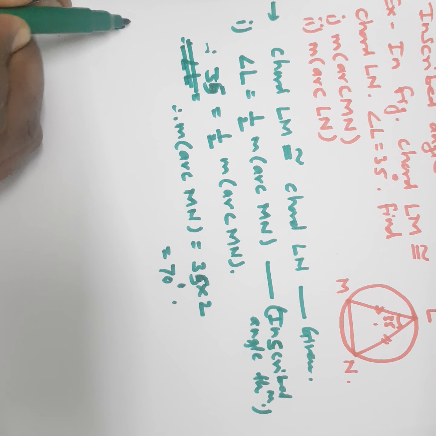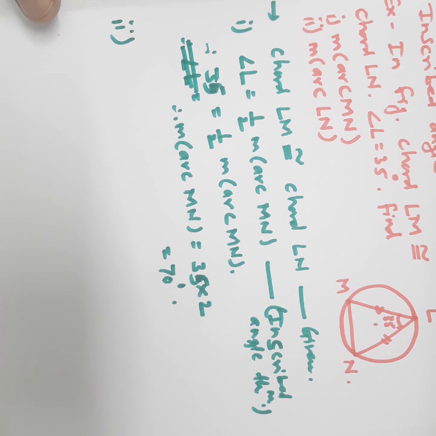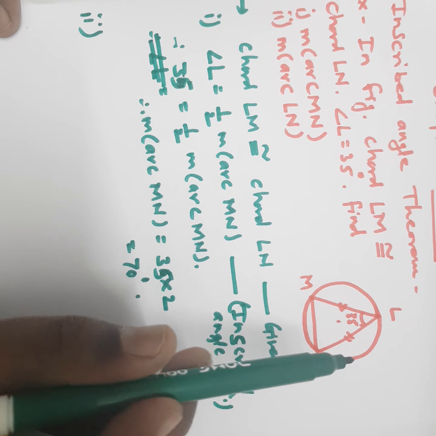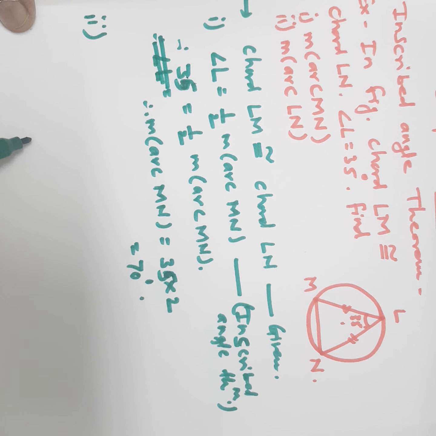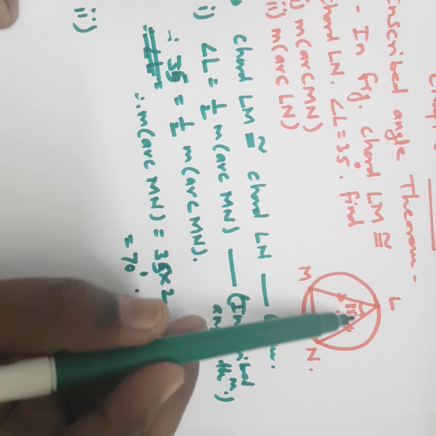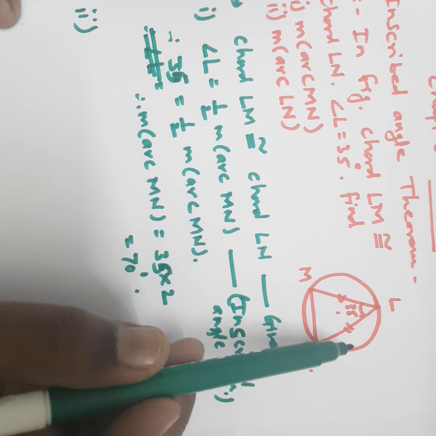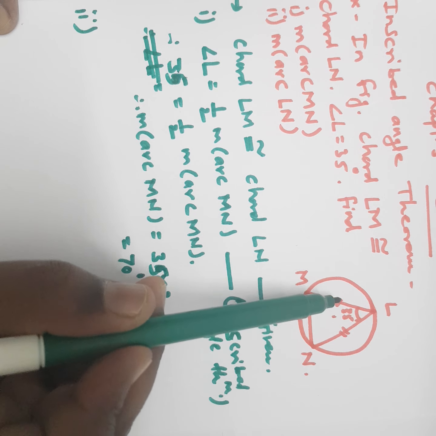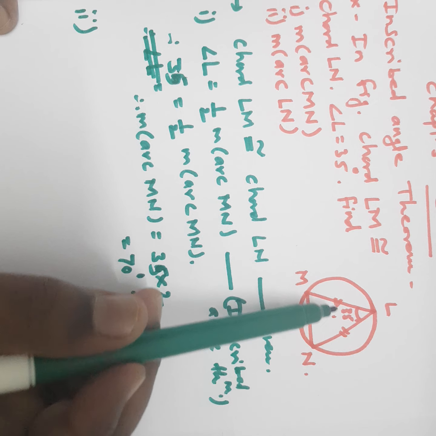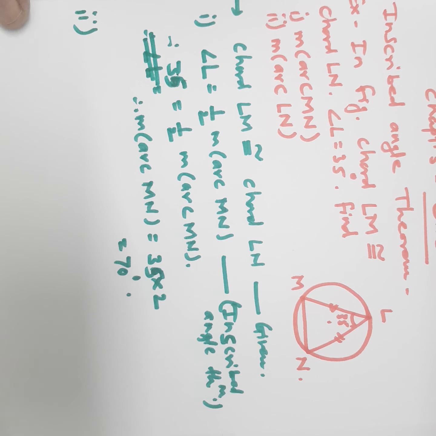Then second, we have to find the measure of arc LN. Here arc LM will be congruent to arc LN. Why? These are the arcs related to congruent chords.